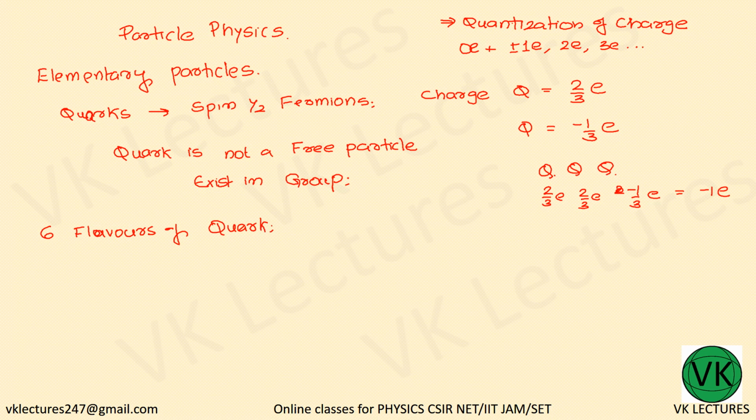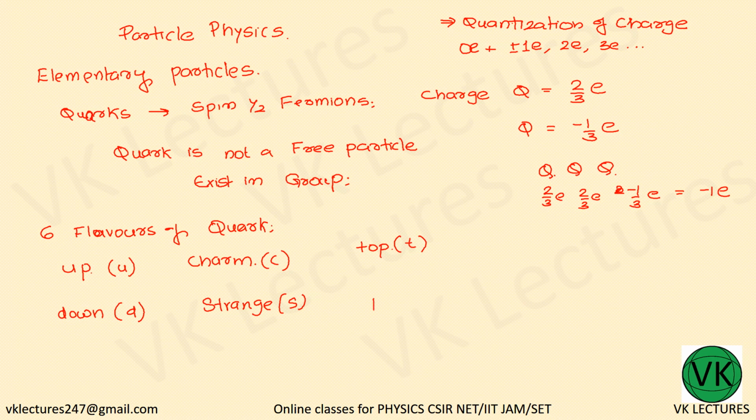Up, which is given by U, and corresponding to up you have the down, which is given by D. Another quark is charm, which is given by C. Again strange, which is given by S. Top, which is T, and bottom, which is B. So these are 6 different flavors of quark, and you can categorize them in 3 different generations.